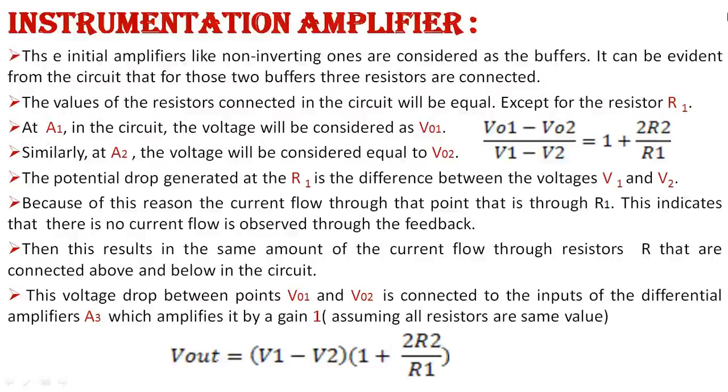The voltage difference between V01 and V02 is connected to the inputs of the differential amplifier A3, which amplifies it by a gain of 1, assuming all resistors have the same values. Vout is equal to V1 minus V2 into 1 plus 2R2 upon R1.